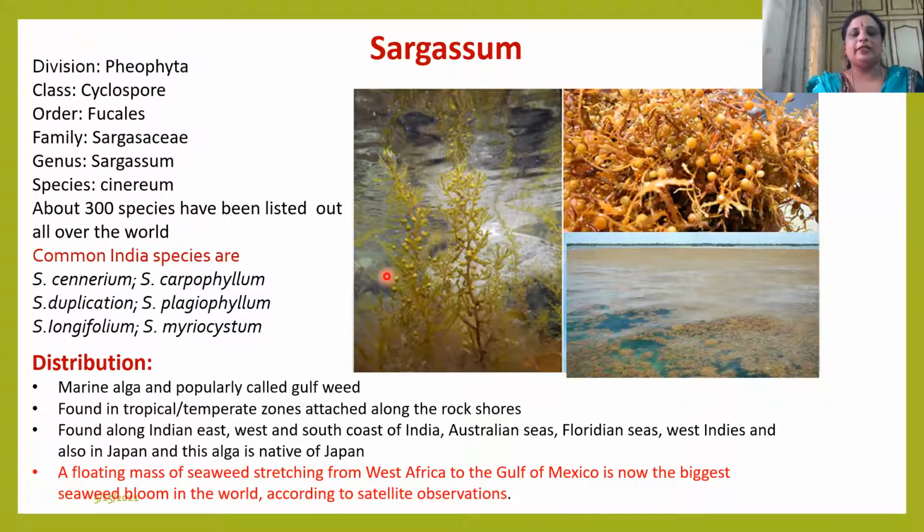The distinguishing feature of this organism is the kind of macrothallus it has, which looks like a bushy angiosperm plant. And this is a marine seaweed, which forms one of the biggest seaweed blooms you could come across in the Gulf of Mexico.